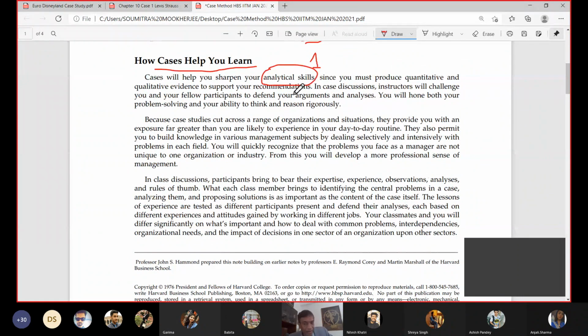That is called analysis skills, because you must produce quantitative and qualitative evidence to support your recommendations. Now, remember one thing: any teacher in front of whom you're presenting in a group may challenge you. This is a big question mark.